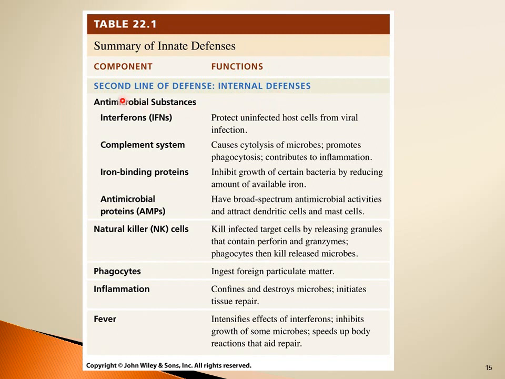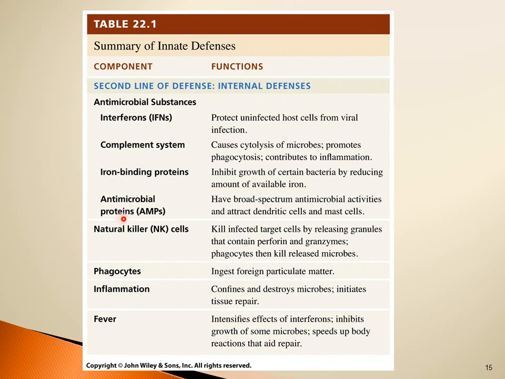The second line of defense are internal defenses like interferons that protect uninfected host cells from viral infection. Complement system causes cytolysis of microbes, promotes phagocytosis, and contributes to inflammation. Iron binding proteins inhibit the growth of certain bacteria by reducing the amount of iron that is available for those bacteria.